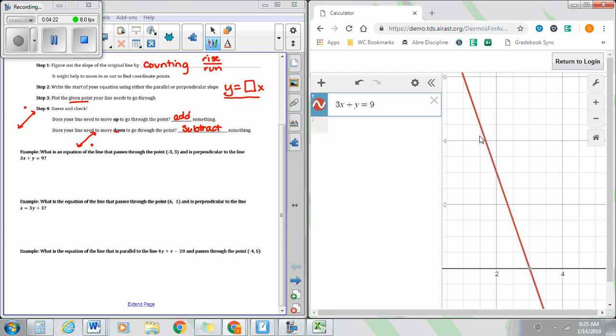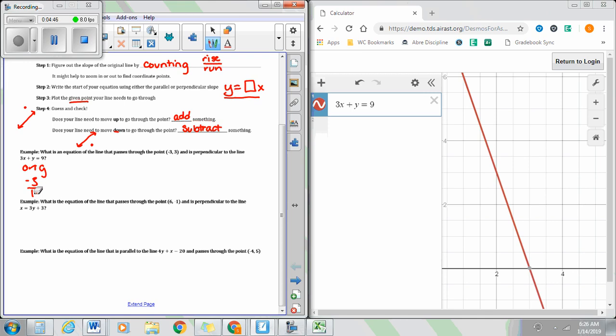So I can see that my slope right now goes 1, 2, 3 down. So that would be -3 over 1. So my original slope is -3 over 1. Now I can leave it like that, or I can say that it's -3, same difference.